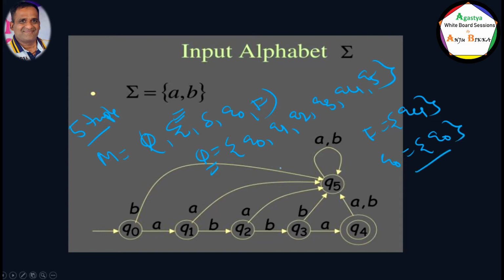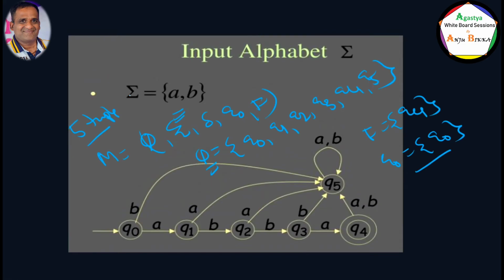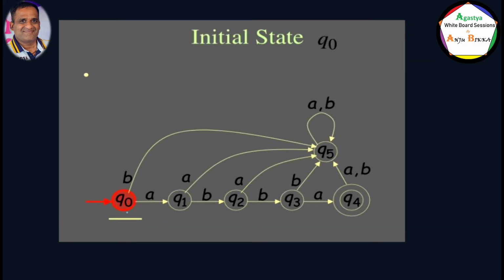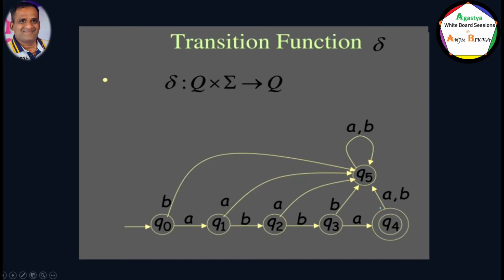Only the transitions we have to define. Now these are the set of states. We can see this is the input symbol sigma, and these are the set of states, and this is the initial state, which is denoted by this symbol, and these are the final states. Now we are left with the transition function.